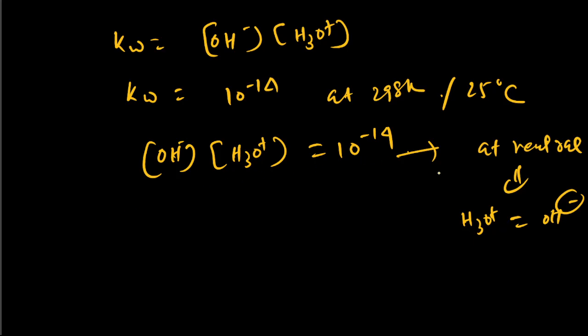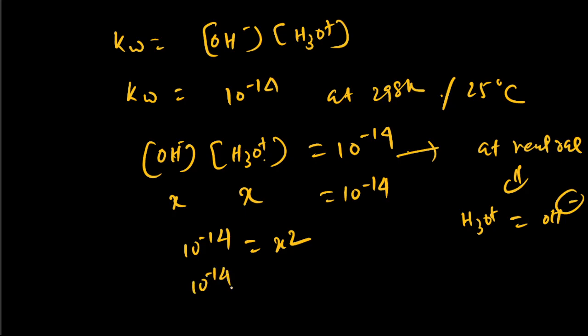So at neutral, this value and this value are the same. Suppose this concentration is x molar, then this is also x molar. That is equal to 10 raised to minus 14. So 10 raised to minus 14 equals x square.